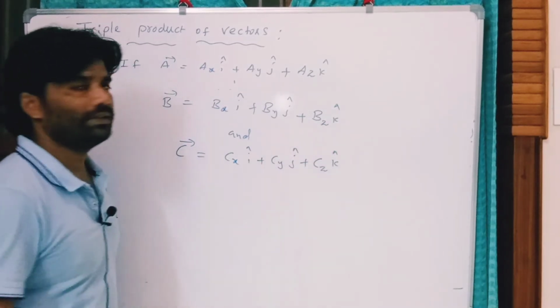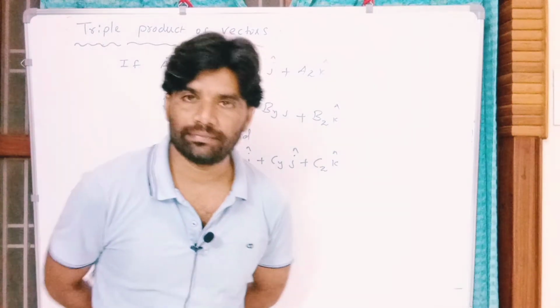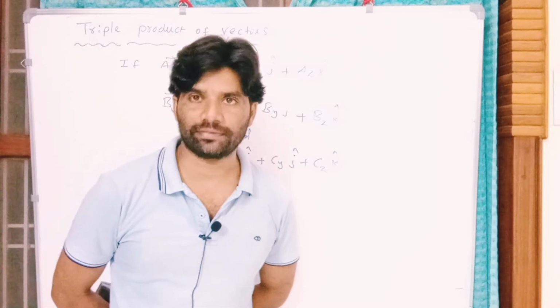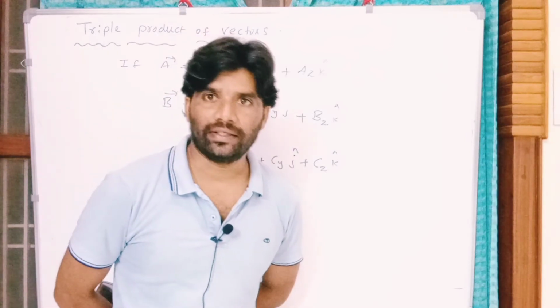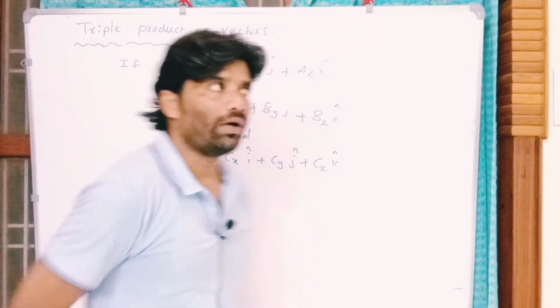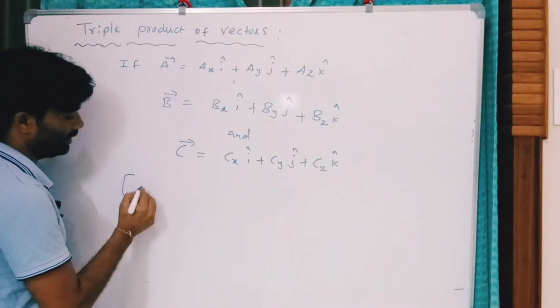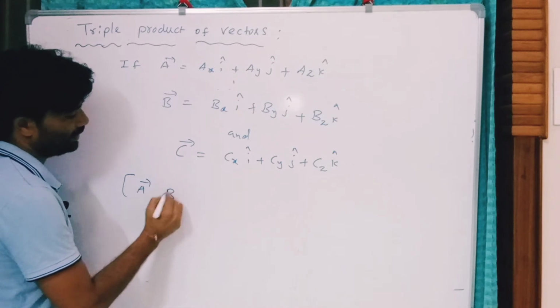If these three vectors A bar, B bar and C bar represent three adjacent sides of a parallelopiped, then its volume can be found by the scalar triple product. You can say that as box of ABC.